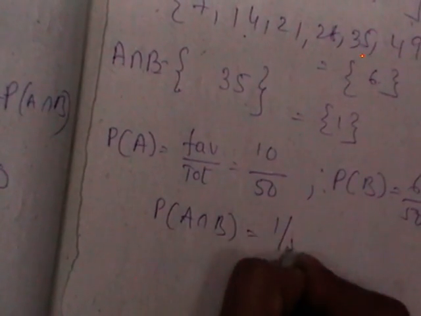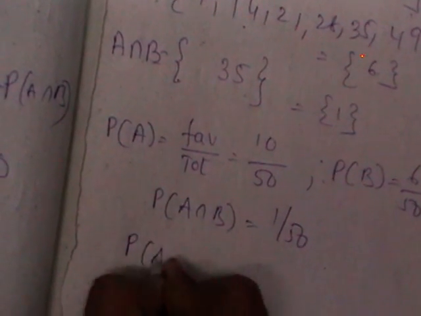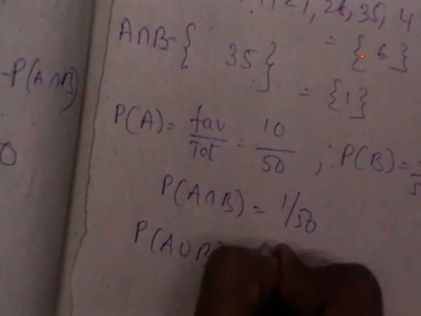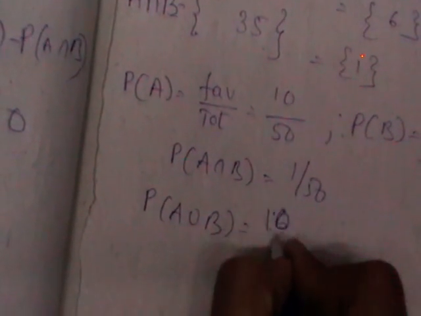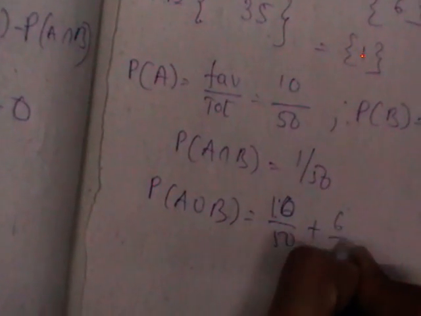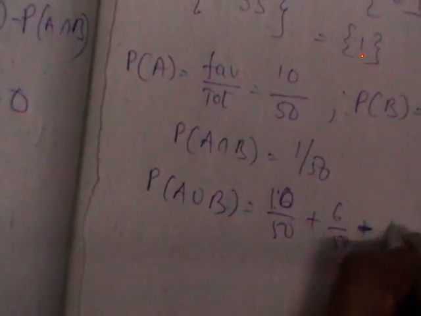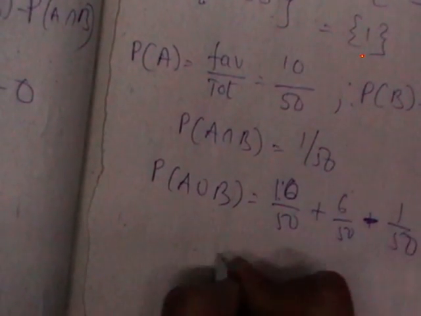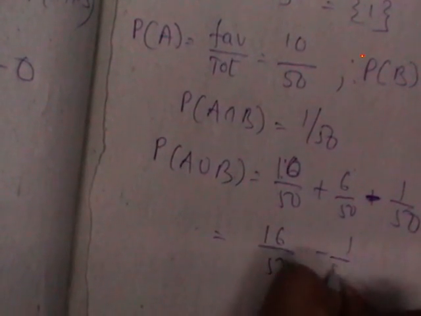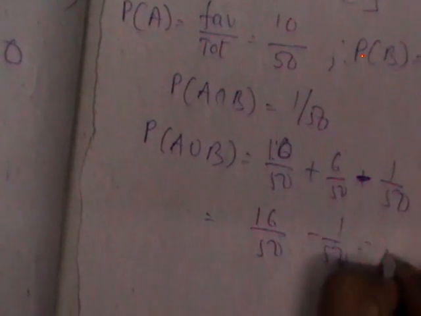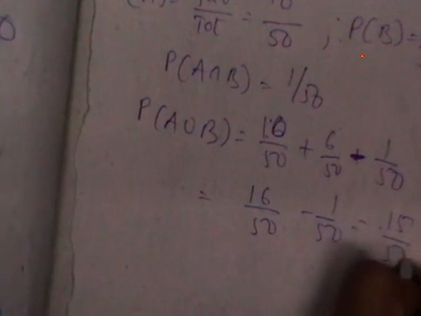1 by 50. So P of A union B will be 10 by 50 plus 6 by 50 minus 1 by 50, which is nothing but 16 by 50 minus 1 by 50, which is nothing but 15 by 50.